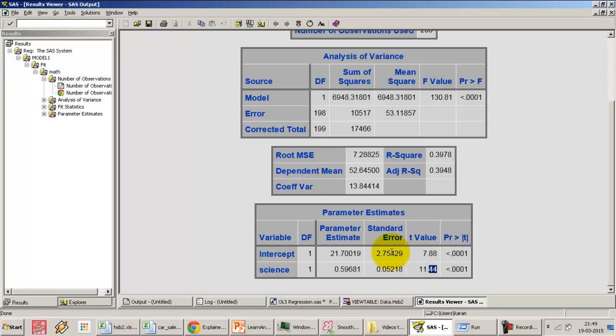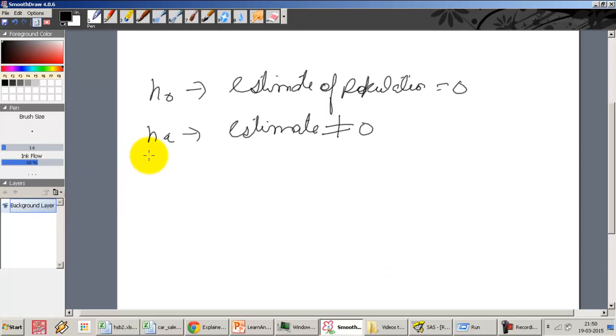So if I look at the t-test, we know that the t-test for one sample is the sample mean minus the H naught, or the hypothesized mean, divided by the standard error.